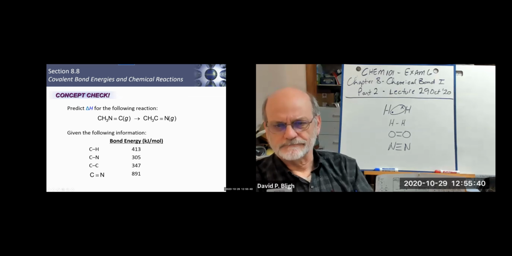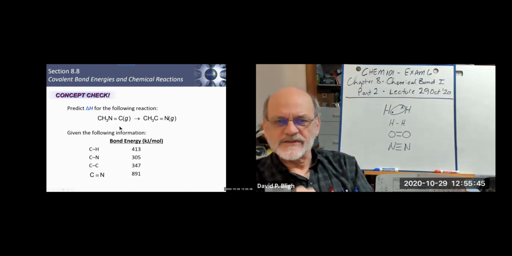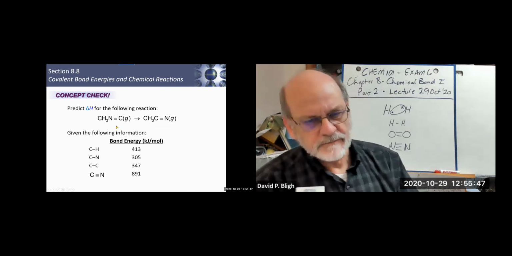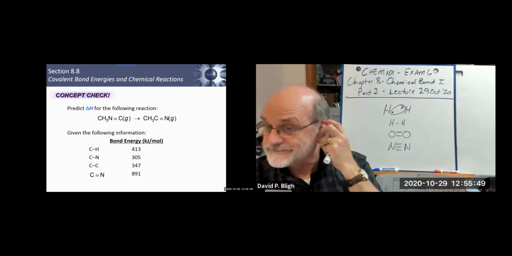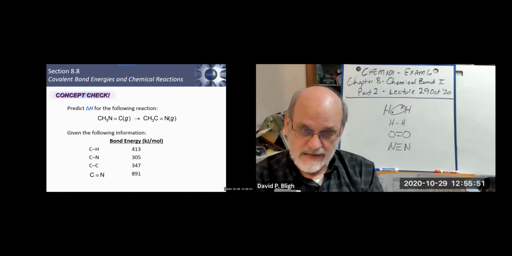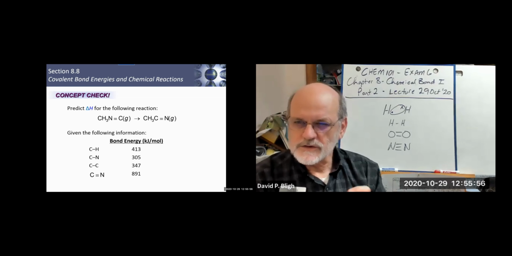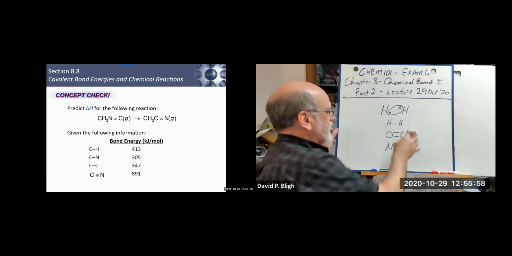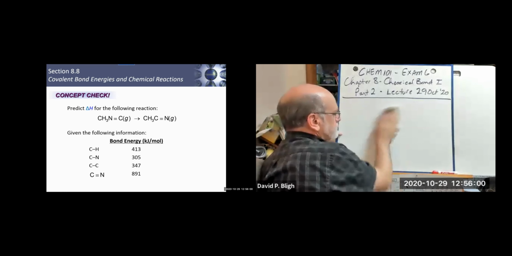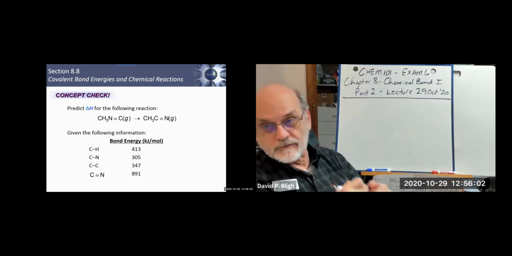So let's look at this one. What's the bond energy? What bonds have to be broken? Well, the problem with this example is that we're not showing you all the bonds. We're using shorthand notation, and that's not fair. So I'll draw it out for you.